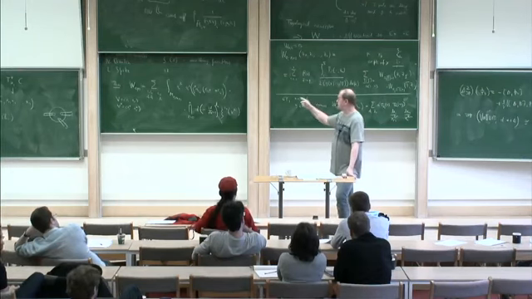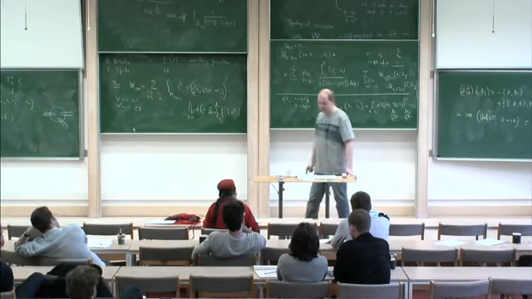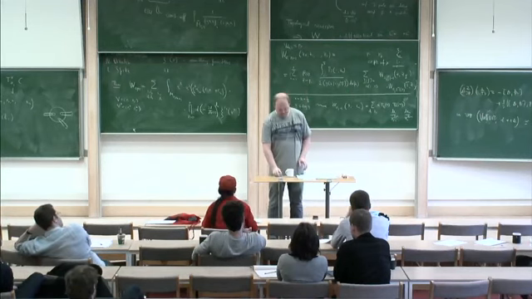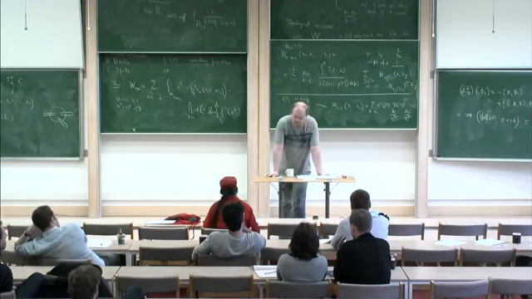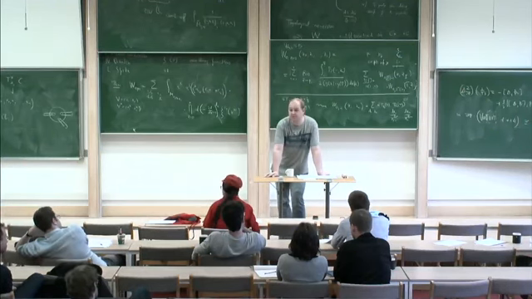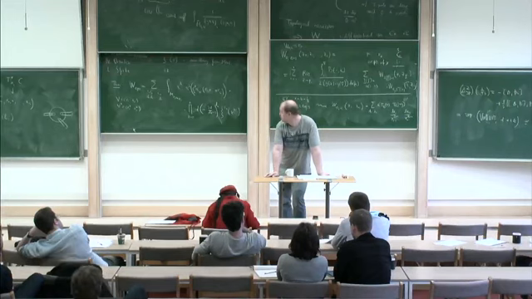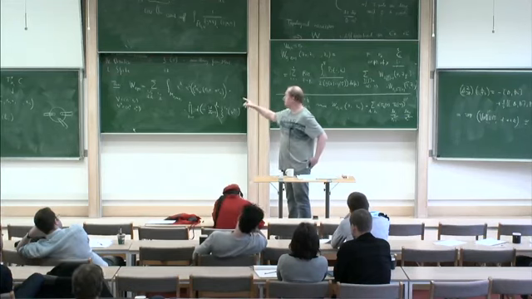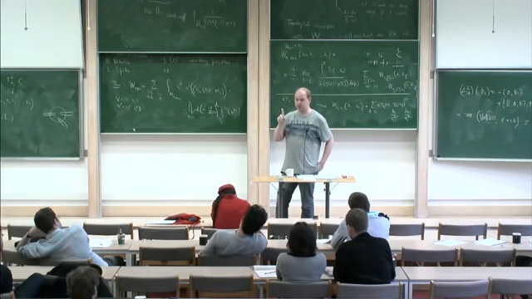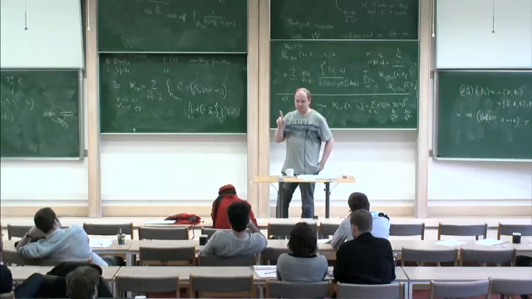So I claim existence. Moreover, I claim the following. I have no time to explain this, but I claim that I know how to identify this object, and I can identify it in the following way. I can take a particular sum of R copies of one-dimensional algebras. A one-dimensional algebra is almost nothing.